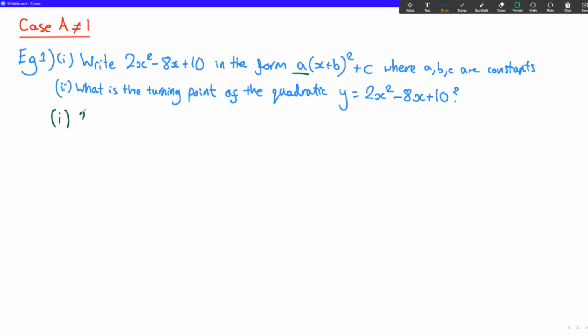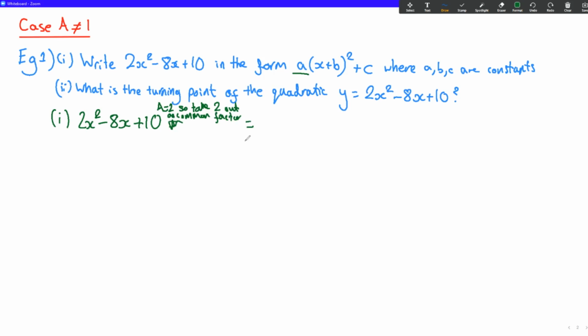So again, what we need to do first is, when a isn't equal to 1, we have to take that out as a common factor. So let's take this 2 out. So a equals 2, so take 2 out as common factor.